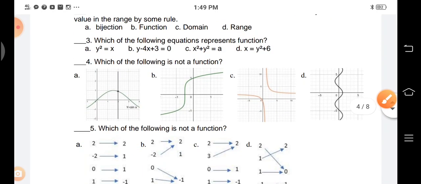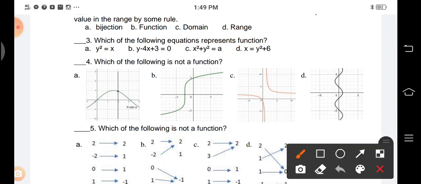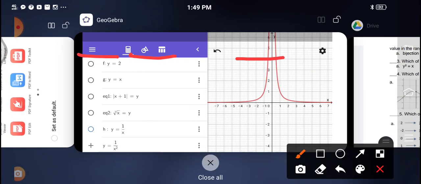About number 3, which of the following equations represent a function? So we have y squared is equal to x. It is a quadratic function. So letter A is quadratic. Letter B is linear. Letter D is still a second degree equation. Let us try to graph letter D. X is equal to y squared plus 6.